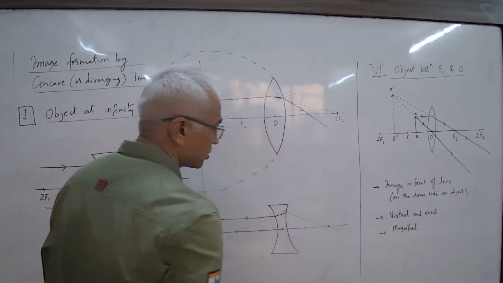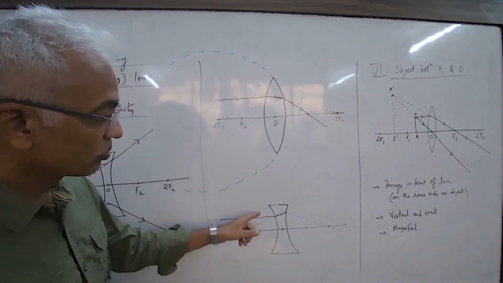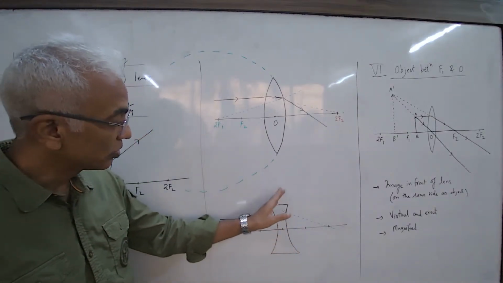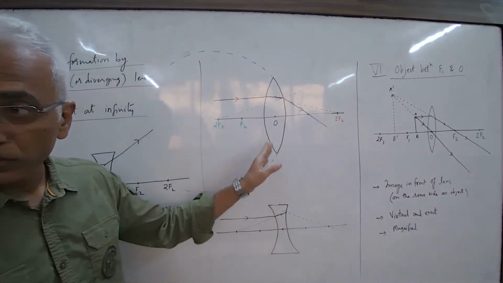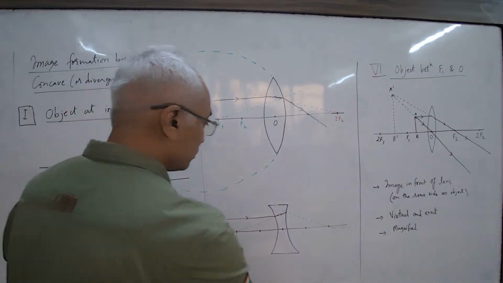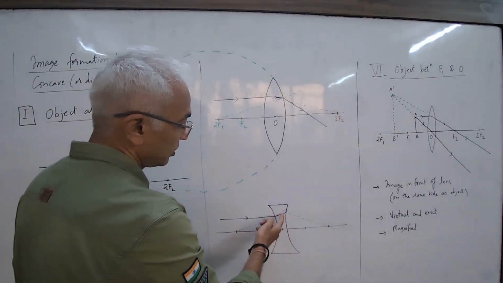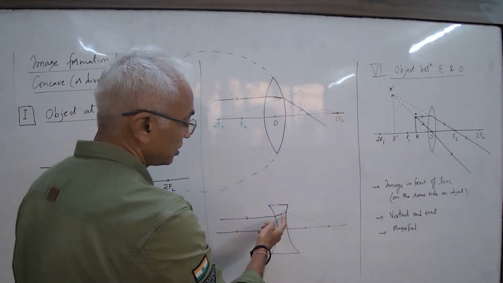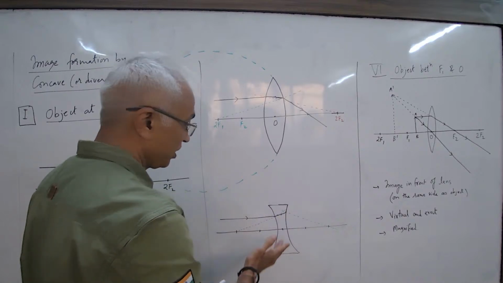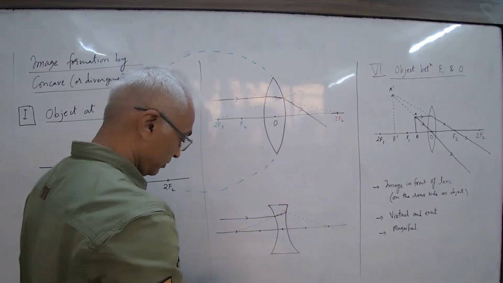So remember, on a circular surface, the normal is the radius, or it is normal to the tangent at that point. Now it is leaving the denser medium, entering the rarer medium, so it will go away from the normal.